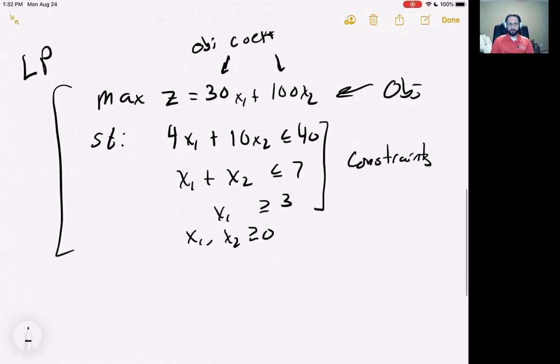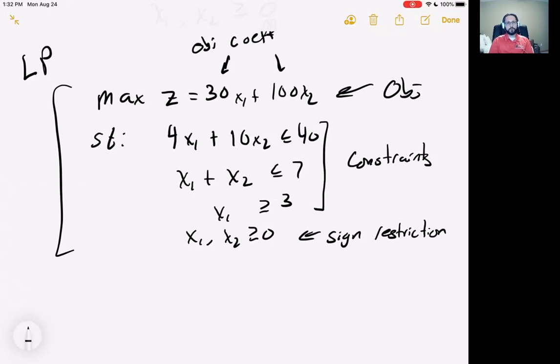And x1 and x2 being non-negative is called a sign restriction. This expression is called an LP because it is a combination of linear inequalities. The objective function is a linear function. The constraints are linear functions.